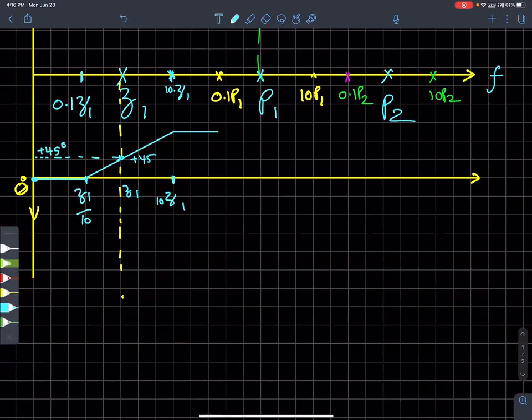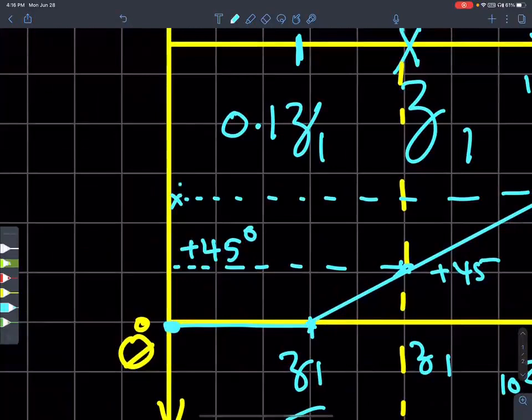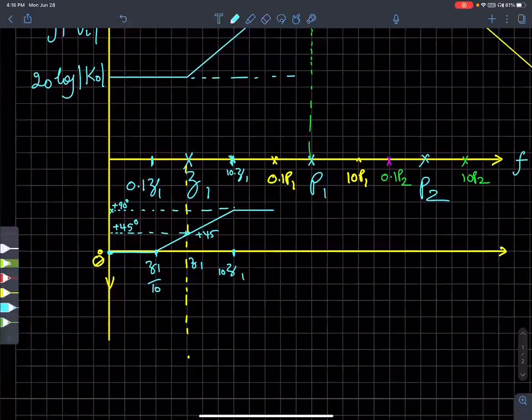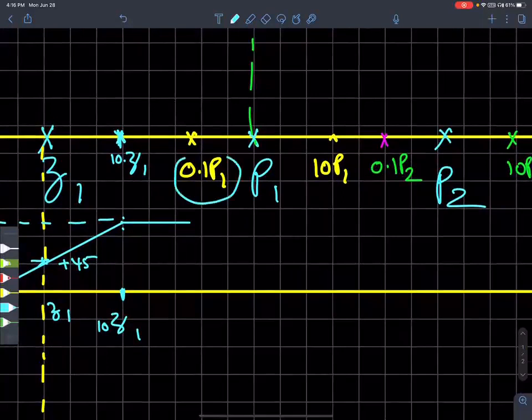And when the zero has completed its effect at 10 times Z1, if you look at the phase, that's going to be a gain of 90 degrees of phase. Then nothing happens until you hit the next important frequency, which is a tenth of pole 1.